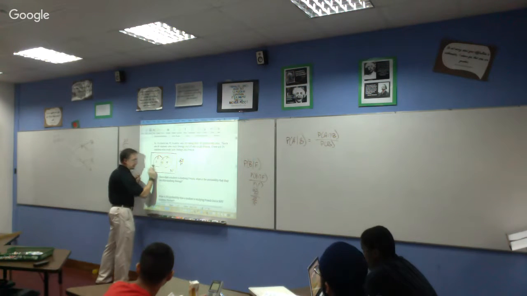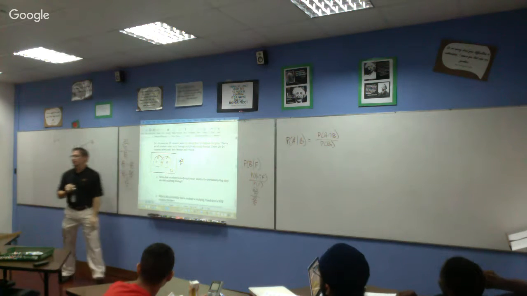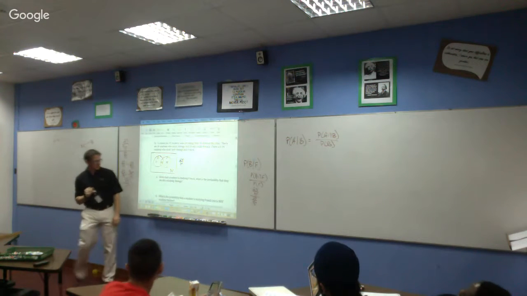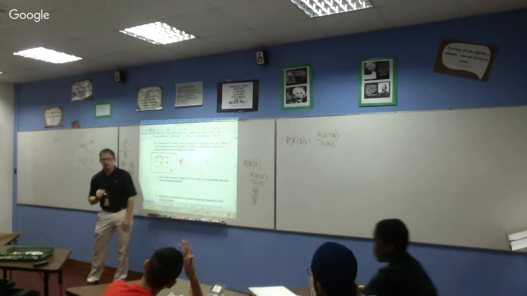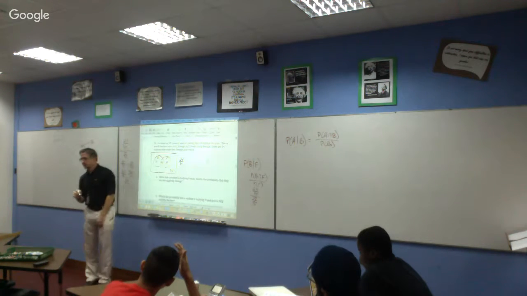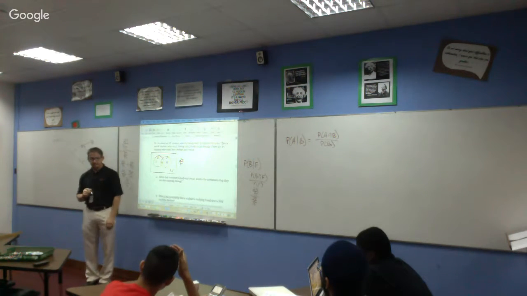How many people are outside of this circle? 50. Out of that 50, how many people are studying French? 15 out of 50.